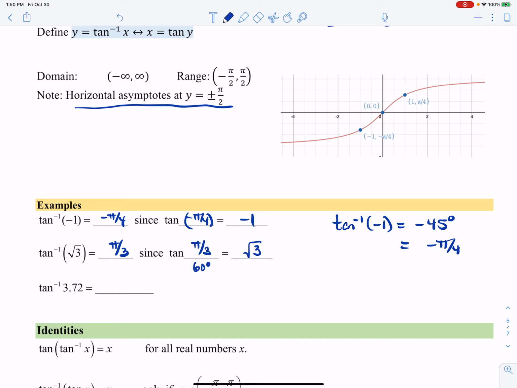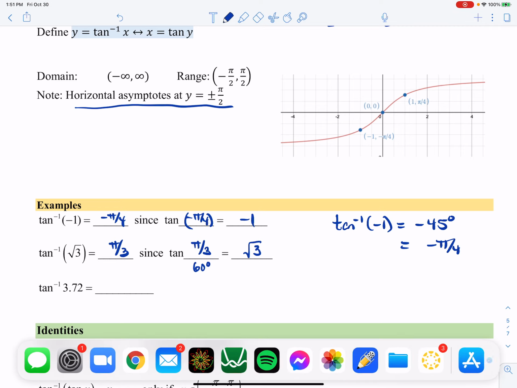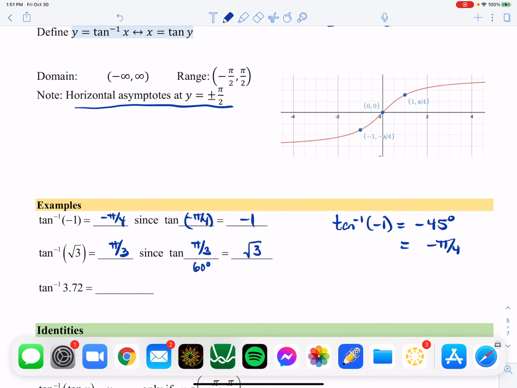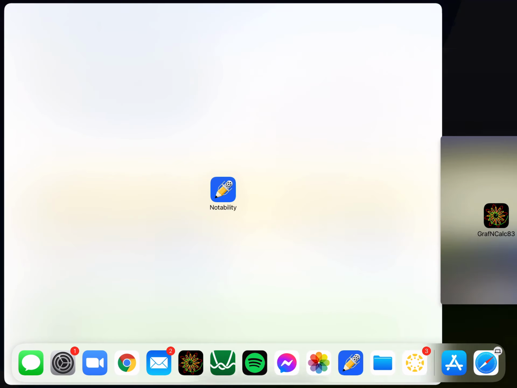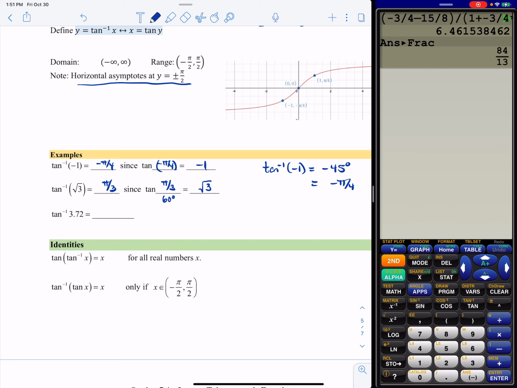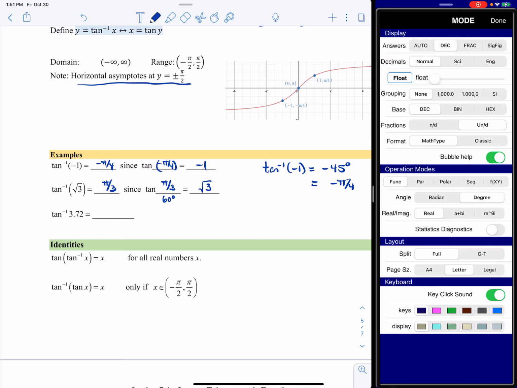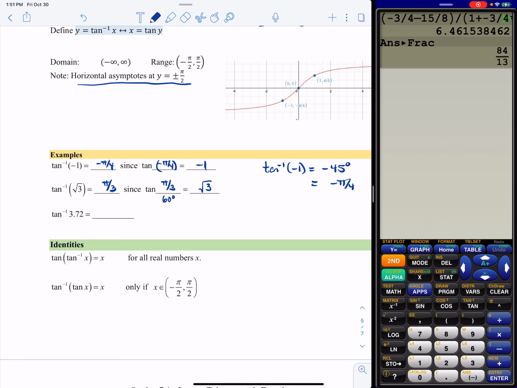Now, interestingly enough, inverse tangent of 3.72. Now, we don't have the restrictions that we used to have. So let's just find that on our calculator here. So I just want to check my mode. I was in degree mode. Okay, so radian mode. If I do inverse tangent of 3.72, I get 1.308.